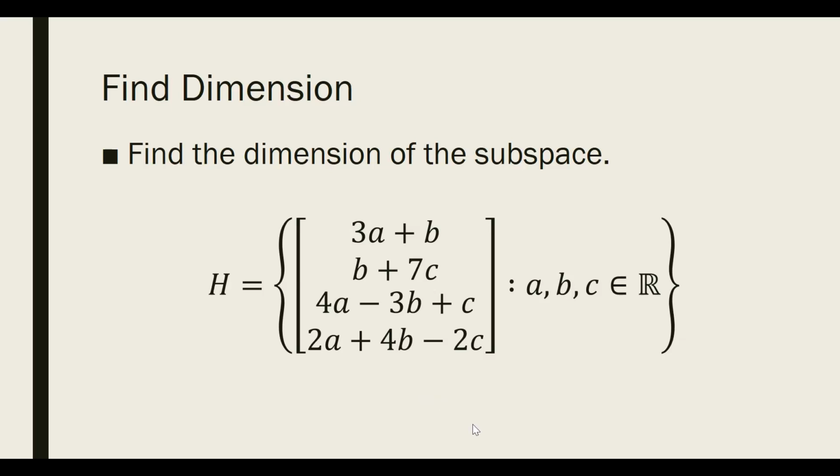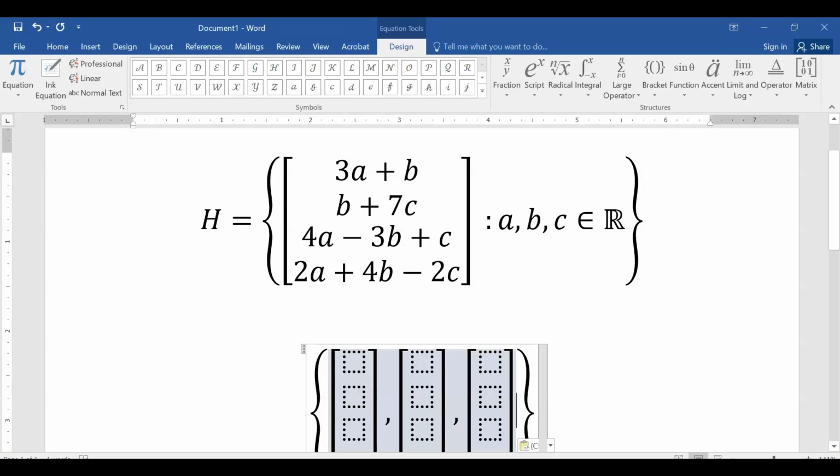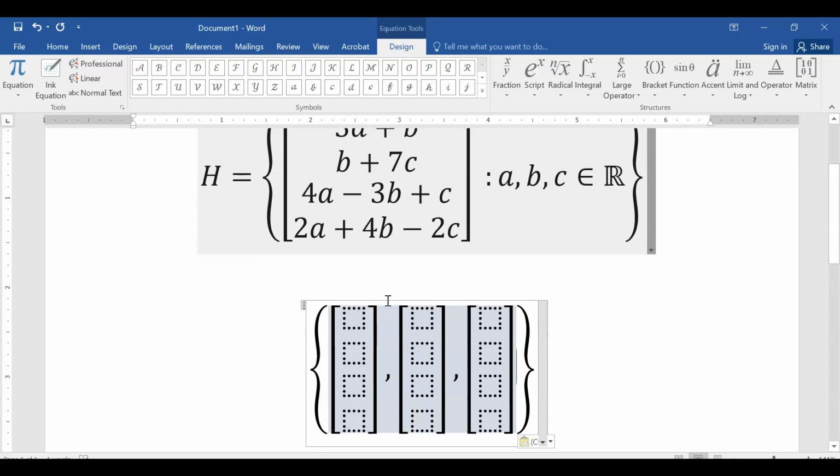All right, hopefully you went ahead and did that. Basically, we have our vector space H now: 3a plus b, b plus 7c, 4a minus 3b plus c, 2a plus 4b minus 2c. So we want to find linear combinations. So let's write the natural 3 vectors that would form linear combinations.